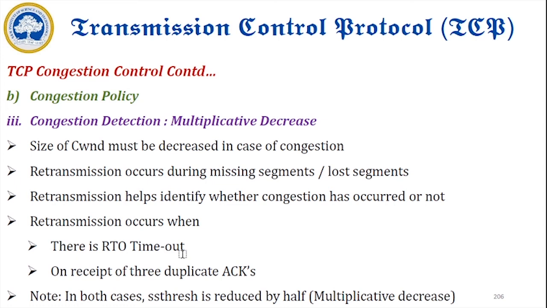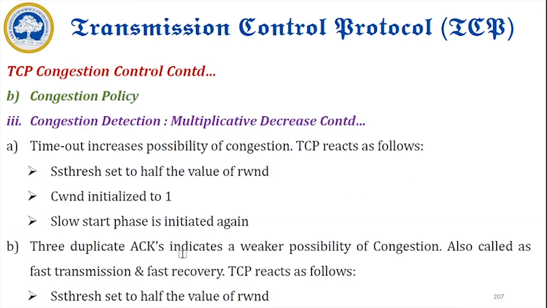Okay, so the TCP used to perform this congestion control might react in two different cases. The first case is that if a timeout occurs, then there is a possibility that a congestion might have occurred.